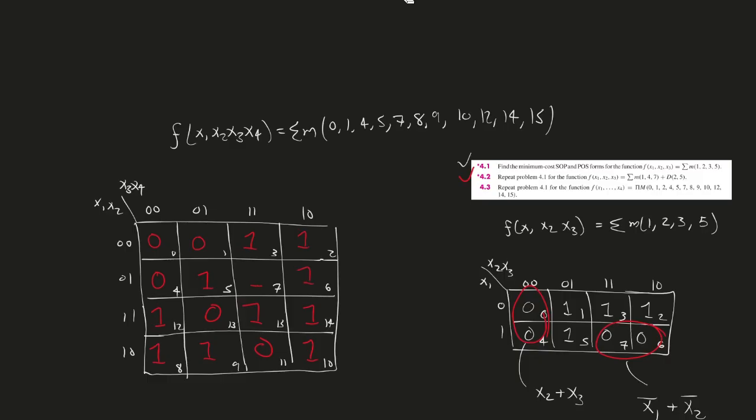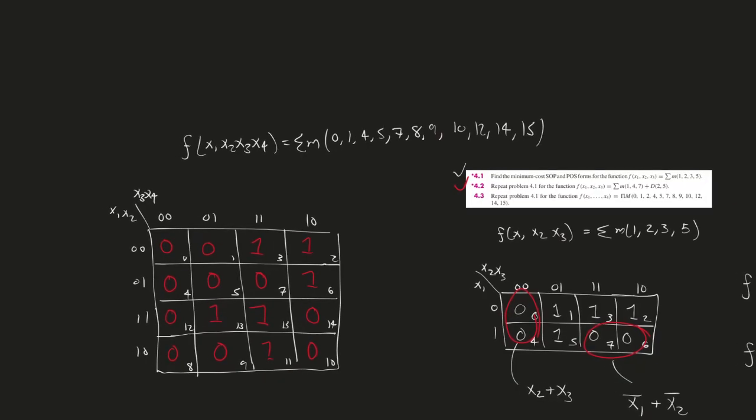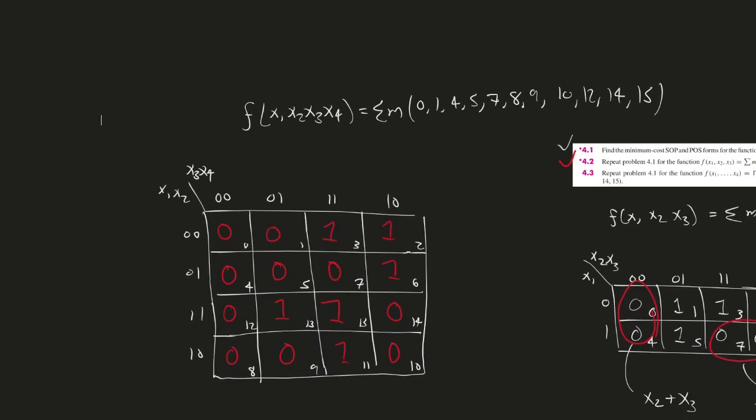This would be 1, 1, 0, 0, 1, 0, 0, 0, 1, 0, 0, and I think that's it. Let me double check. I shouldn't have been flipping them while I was, but hold on, let me just check. Okay, yeah, I think that should be good.